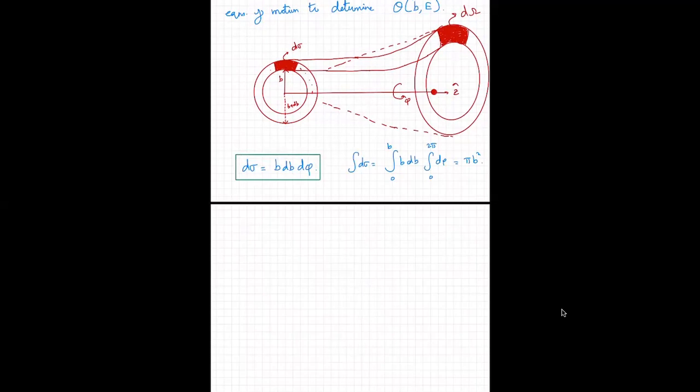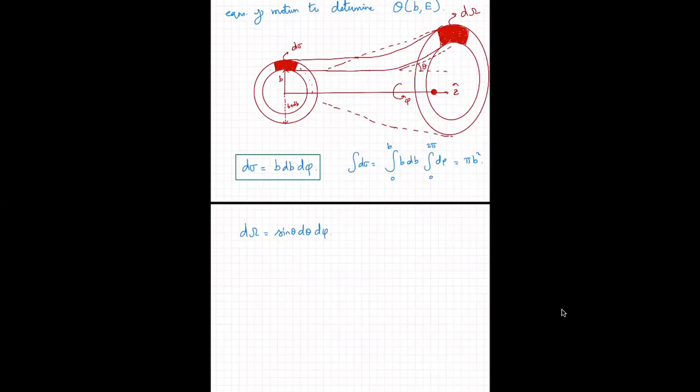So how about d omega? Well, d omega, you know, is sine theta d theta d phi. Now here's an approximation that I will make. What is theta? Theta is already defined, but I'll define it in this picture also. If you call this the scattered direction, this is theta.